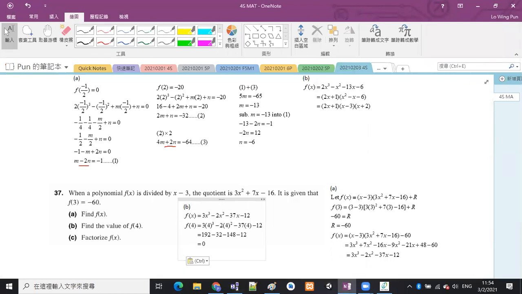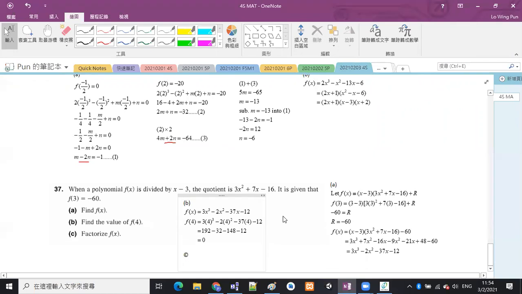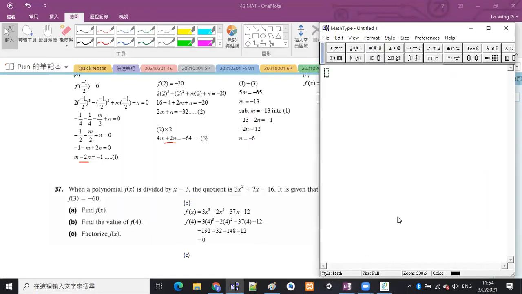Yes. 點解無端叫你計 f(4)，又會俾你計到等於0呢？咁梗係要 factorize 啦，because f(4) is equal to 0. Therefore, we can say that x minus 4 is a factor of f(x).